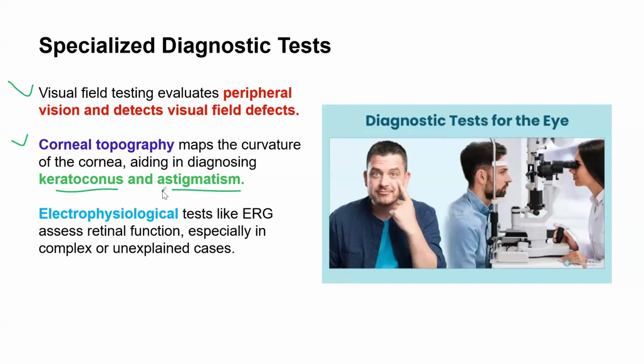And then the last one, we also have electrophysiological tests like ERG. It usually assesses retinal function, especially in complex or unexplained cases. So these are some of the various imaging techniques and specialized diagnostic tests for diagnosis of eye disorders.